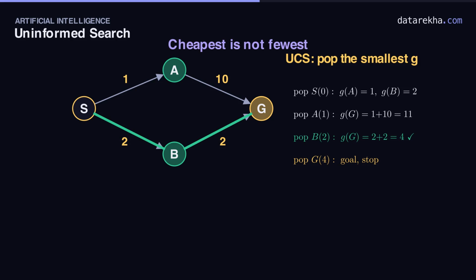So it keeps the 4 and drops the 11. Now G sits in the queue at 4, the smallest thing left. Pop it. That's the goal. And its cost is provably minimal. 4, not 11. Uniform cost search found the genuinely cheapest path, S, B, G, exactly where breadth first failed. Same graph, and the algorithm that watches cost wins.